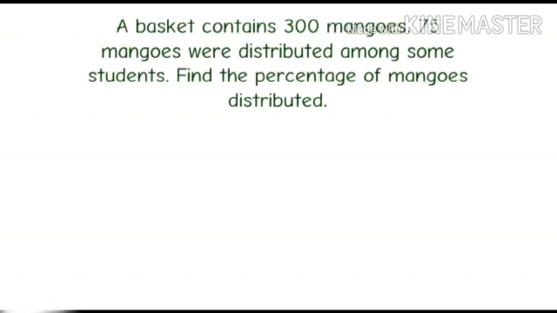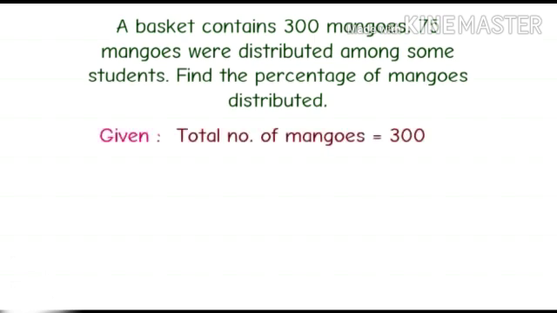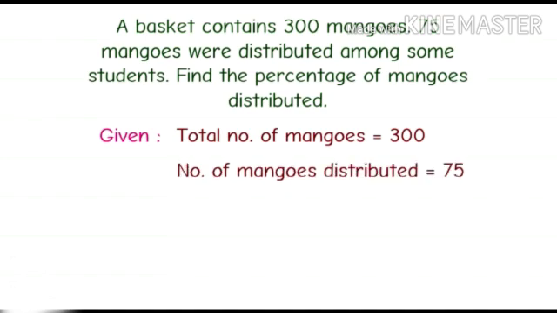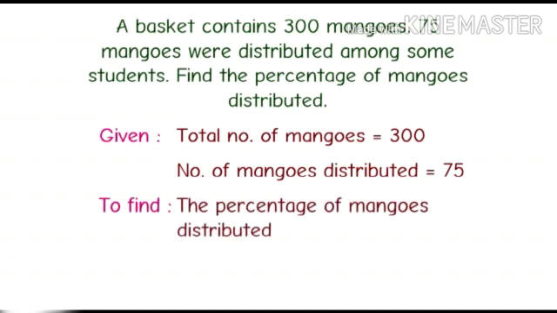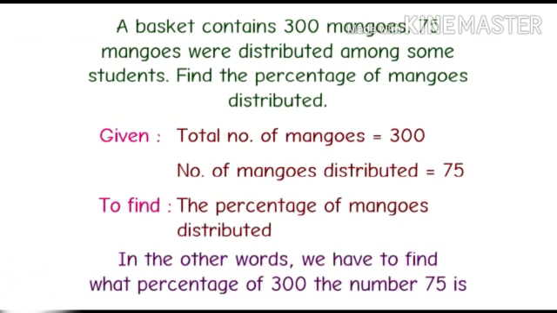A basket contains 300 mangoes. 75 mangoes were distributed among some students. Find the percentage of mangoes distributed. Given total number of mangoes is equal to 300. Number of mangoes distributed is equal to 75. To find the percentage of mangoes distributed.